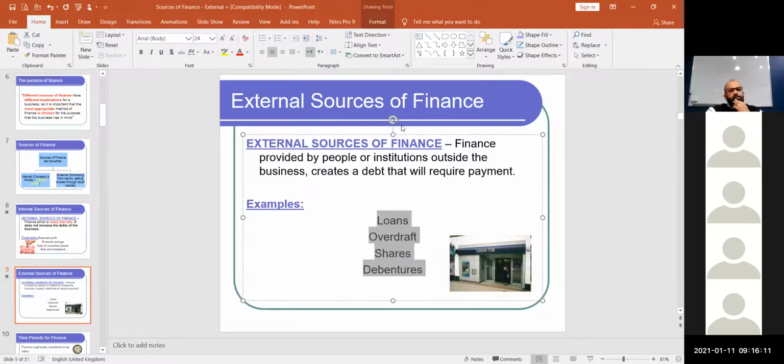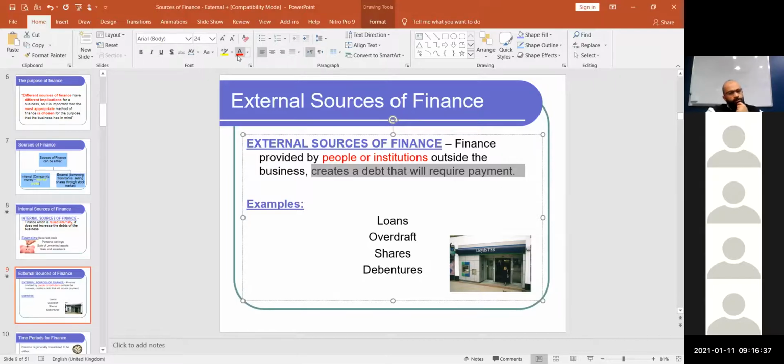So the external source of finance, it's provided by whom? By people or institutions. Definitely this is given or provided by other people or businesses outside the business, which creates what? Debt, right?